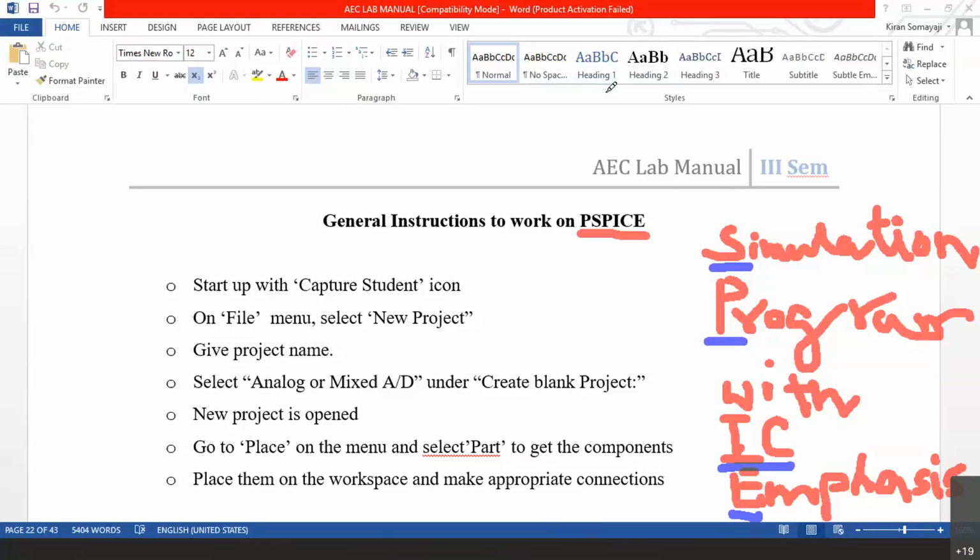Digital circuits also can be connected here and it can be simulated. But for digital circuits, later on, when you come to the 4th semester, you will learn a programming language called Verilog and VHDL. Because it is easy to write programs for all digital circuits directly, because they have only two states, 0 and 1. So for that matter, we are going to automate the digital design by using a programming language called Verilog and VHDL, which you will study in the 4th semester.